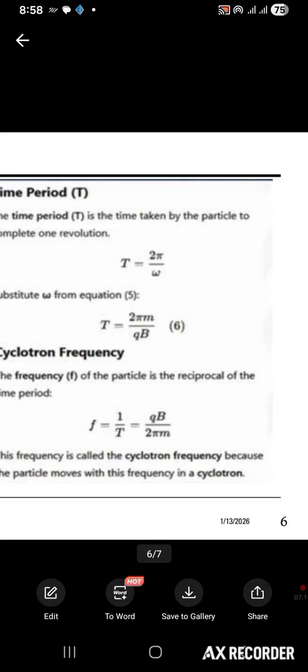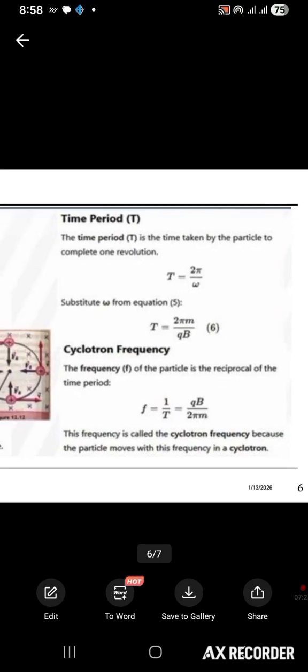Right? In the linear relation, we say that T is equal to 1 over f, but because these are radial values, in radial coordinates, we say T is equal to 2 pi over omega.